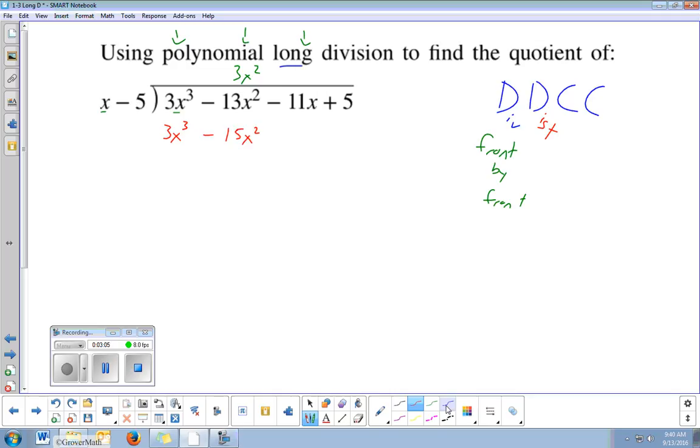If you are correct so far, these should be exactly the same right now. That's the purpose of the division, to get these to match. If these don't match after distribution, something is wrong. So we divided the front by the front, and we distribute it to the divisor.